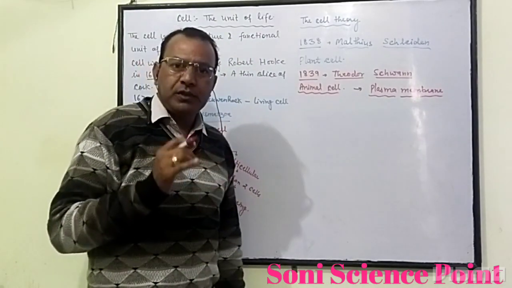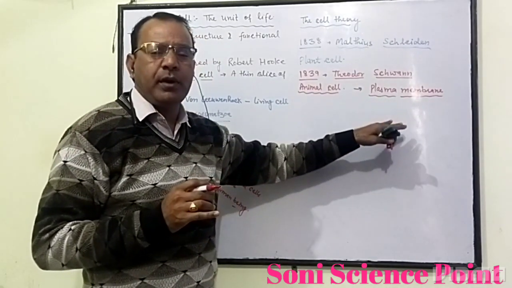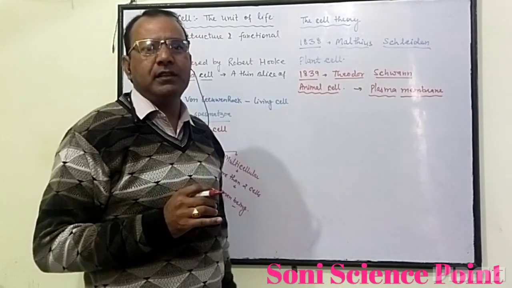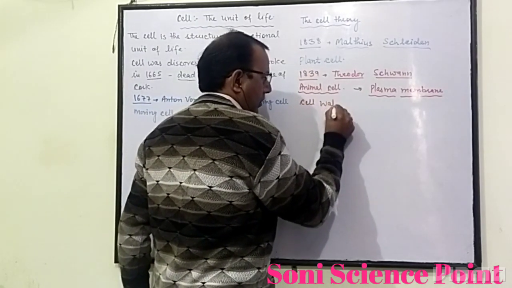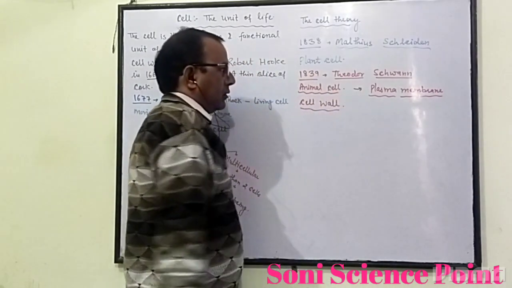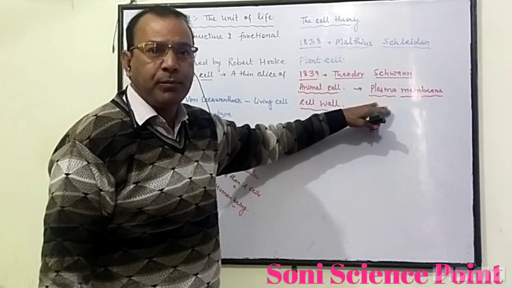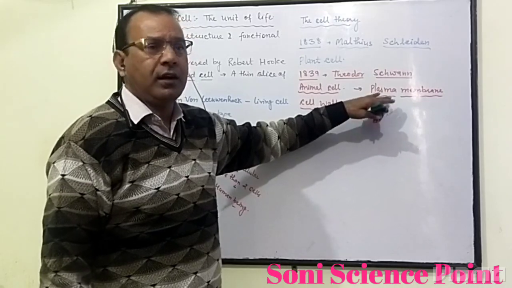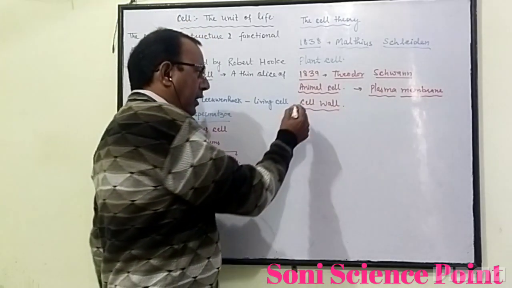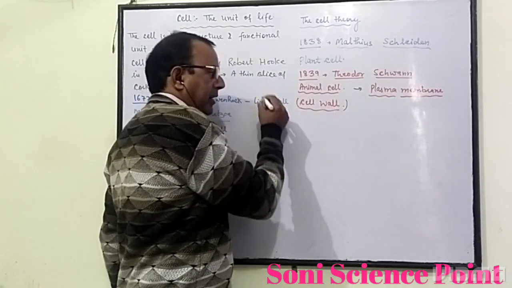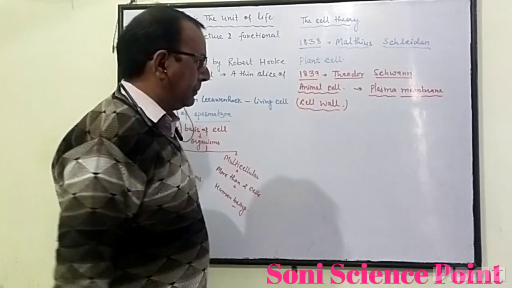He also proposed that in plants, outside the plasma membrane, one extra layer is present, which is called the cell wall.